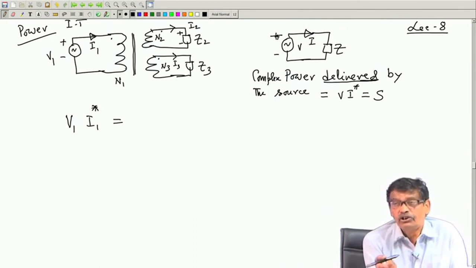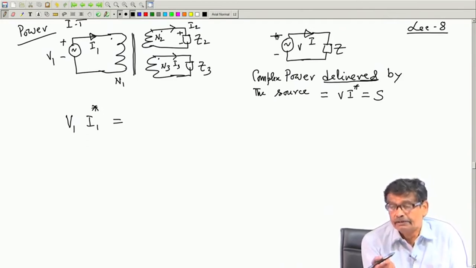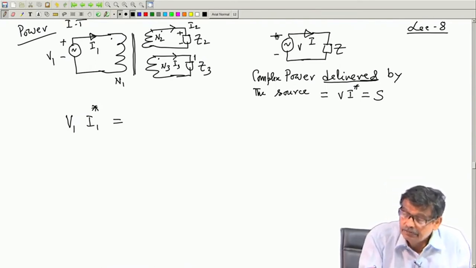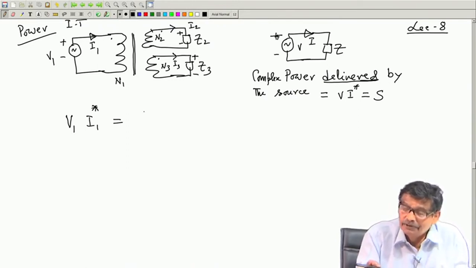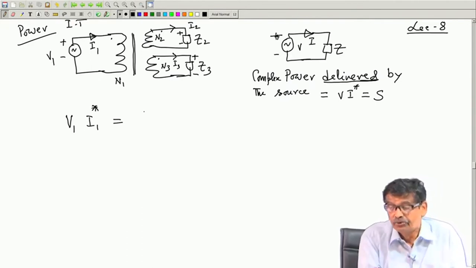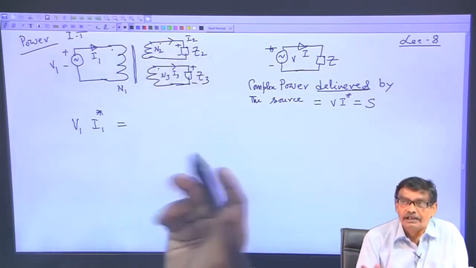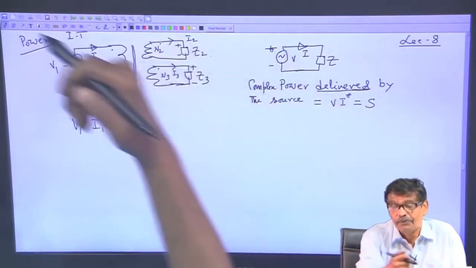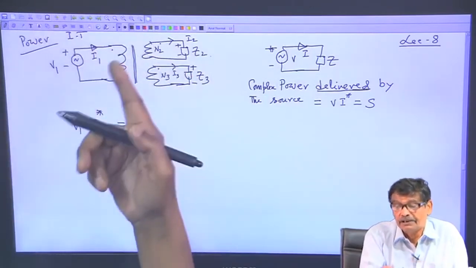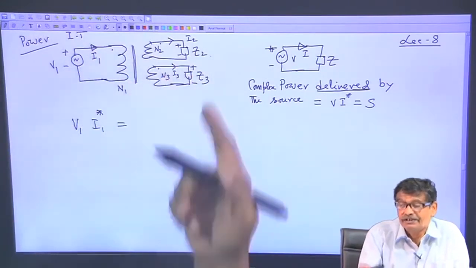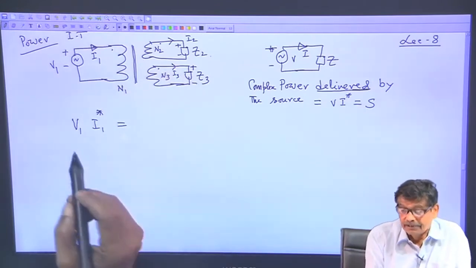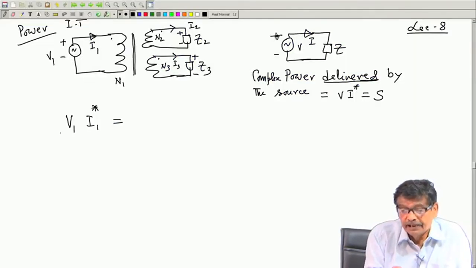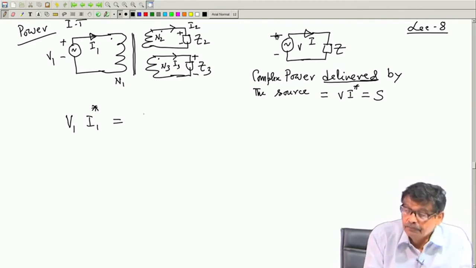remember the voltage drop polarity across that element is decided, then plus minus I can do. Similarly, the voltage drop across Z 3 is I 3 Z 3, upper one plus, lower one minus, and through the dots current comes out, that is the way in a transformer you will assume. So, that MMF will be compensated by the current drawn by the primary through the dot, that is the whole implication. But what I am telling is, this must be true: V 1 I 1 star must be equal to this.